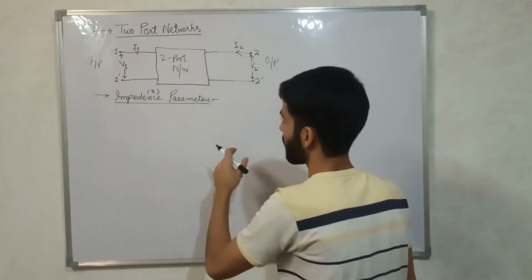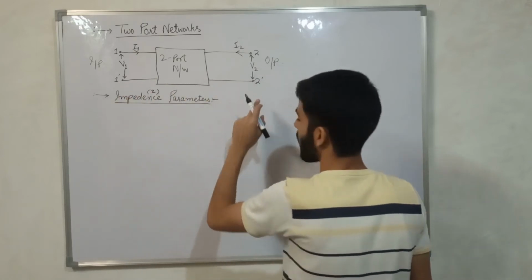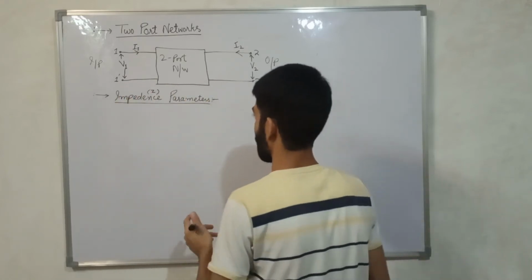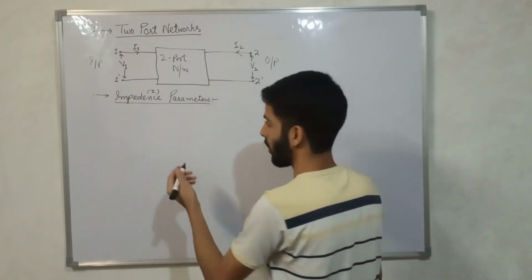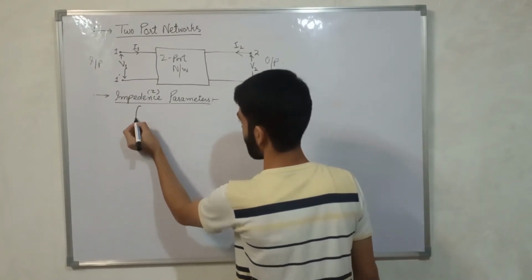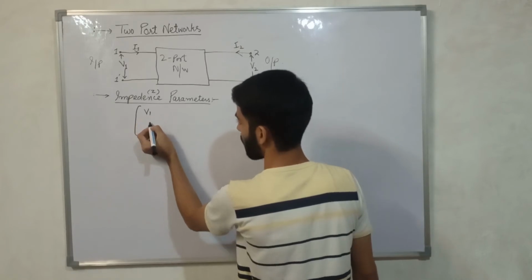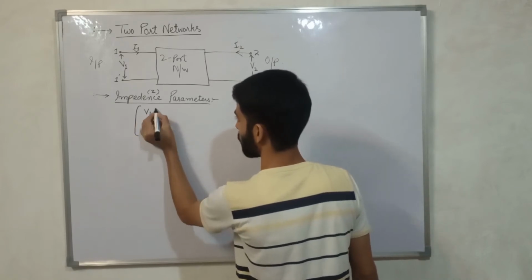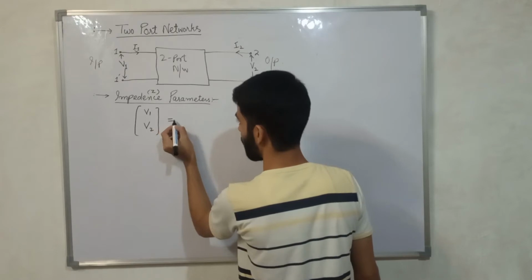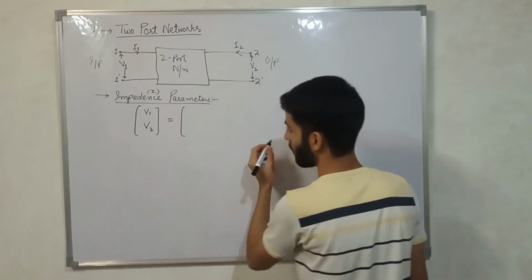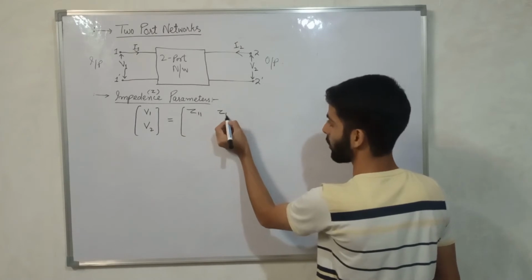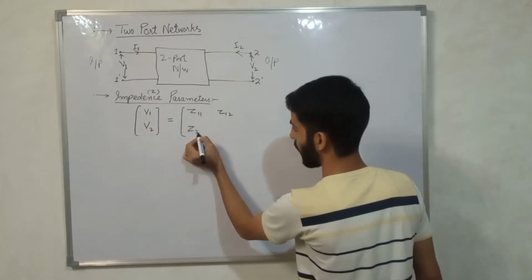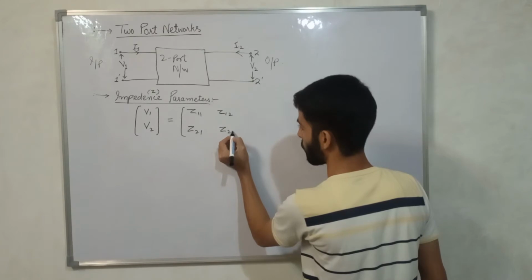And the impedance between 2 and 2 dash will be Z22. Let us see the voltages first. If we write them in matrix form, it will be like this: V1, V2 is equal to the matrix Z11, Z12, Z21, Z22.